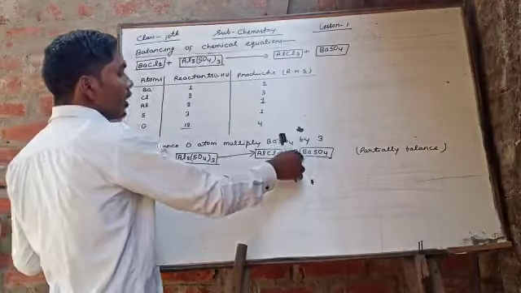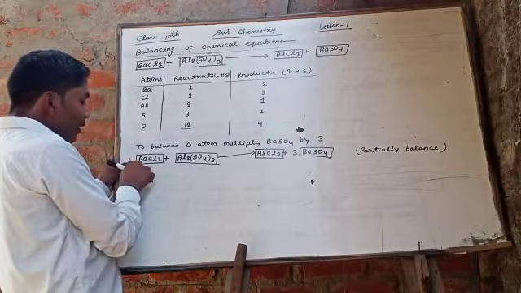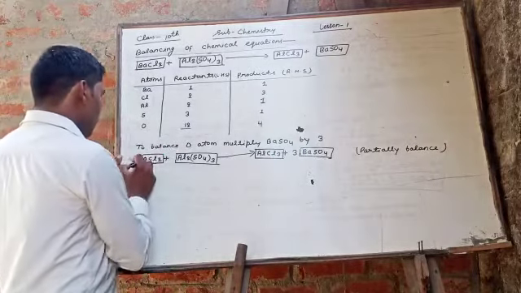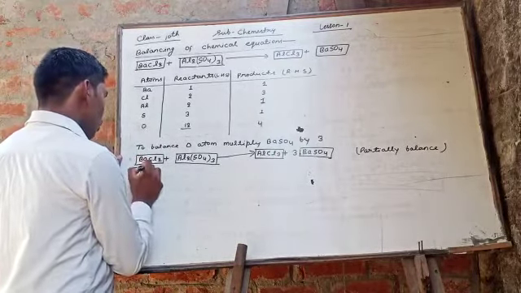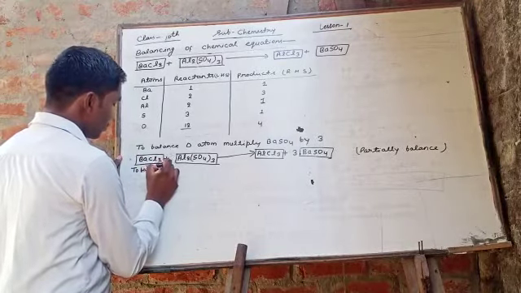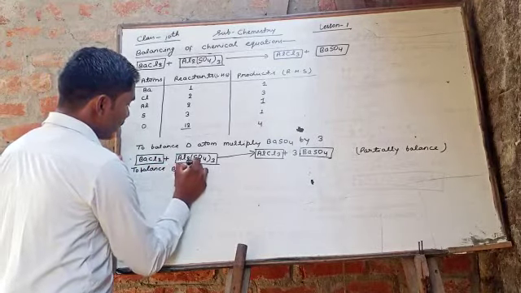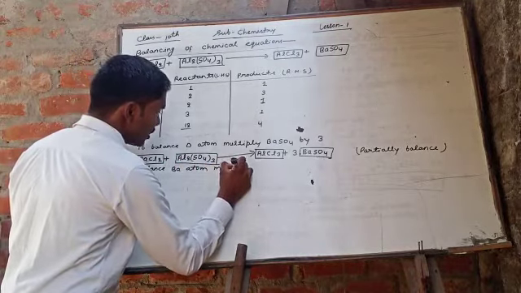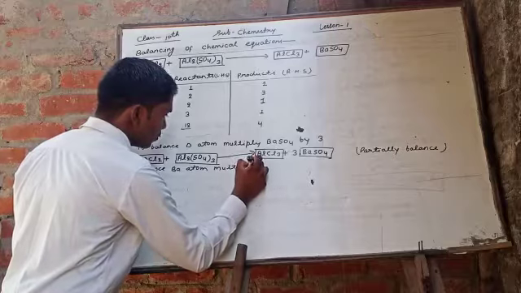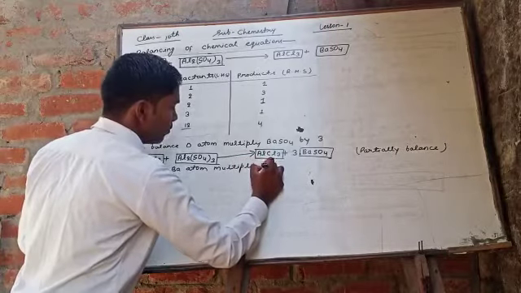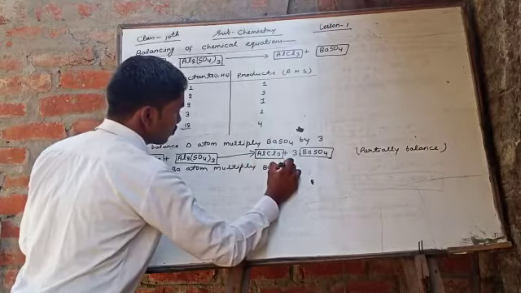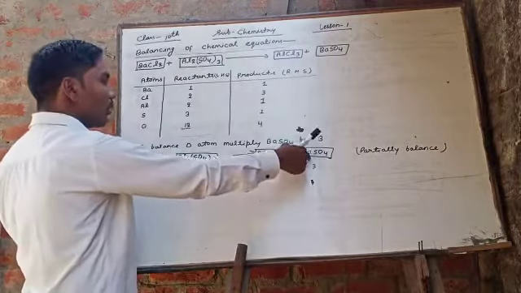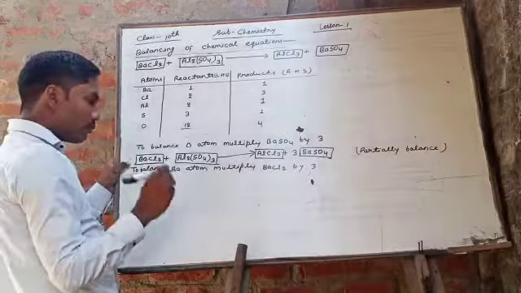Now here it is 3 barium and here it is 1 barium, so we will balance barium. To balance the barium atom, multiply BaCl2 by 3, because here it is 3 barium and here it is 1 barium.